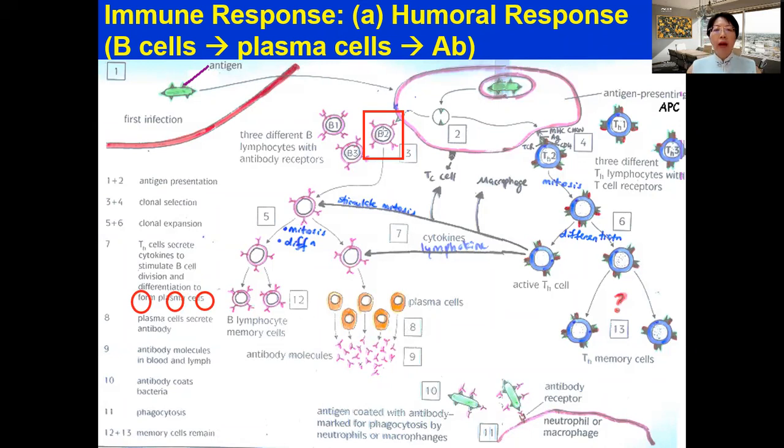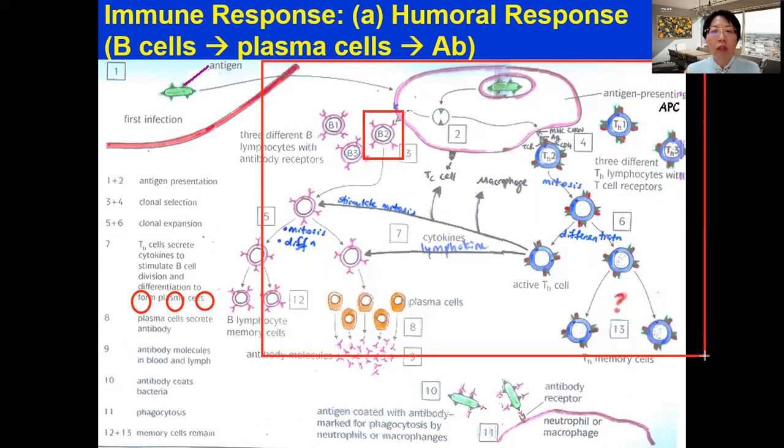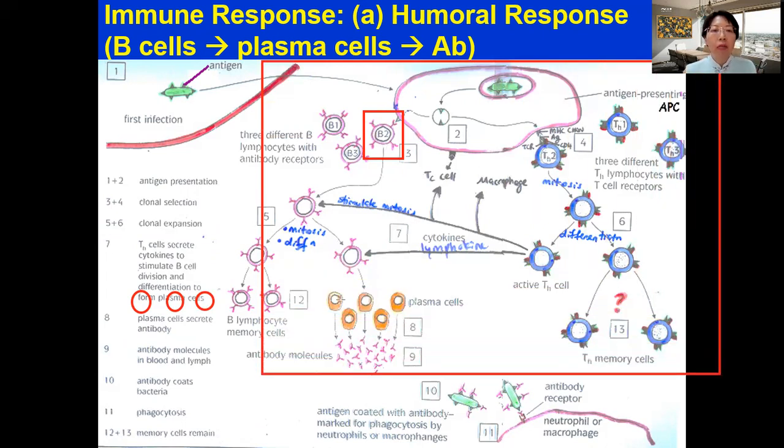So one B cell activated divides and differentiates to form 5 plasma cells and 5 memory cells. In the subsequent exposure to the same antigen, the normal immune response will also happen and continue as usual. But now you've got one additional thing, which is the memory cells, because the memory cells will also act.